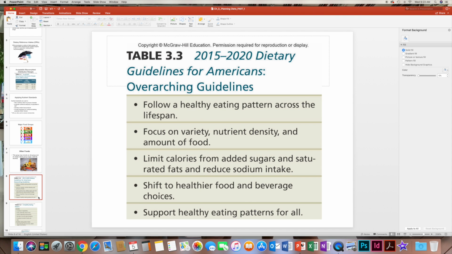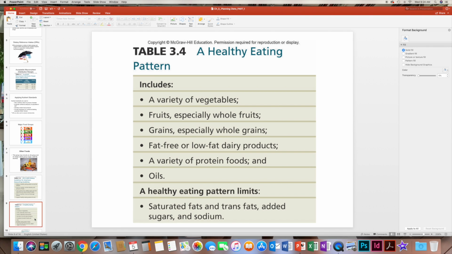The dietary guidelines from 2015 to 2020 recommend following a healthy eating pattern across your lifespan, from infancy through senior years. Focus on variety, make sure the foods are nutrient dense, you're not eating empty calories, and control your portion sizes so that you're moderating the amount of food you're eating. Stay away from added sugars, saturated fat, and excess sodium, and have healthier beverages such as water. And you want to be able to have this, as I said, across your lifespan.